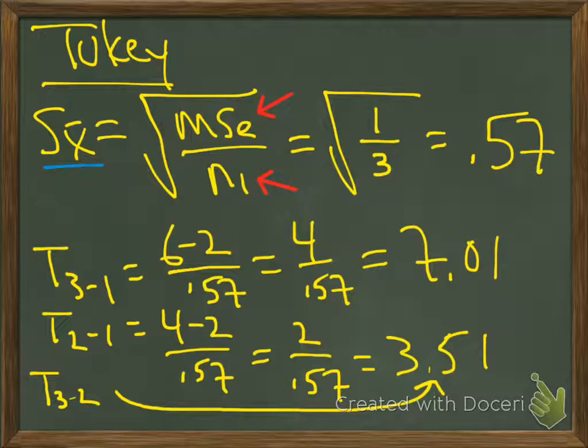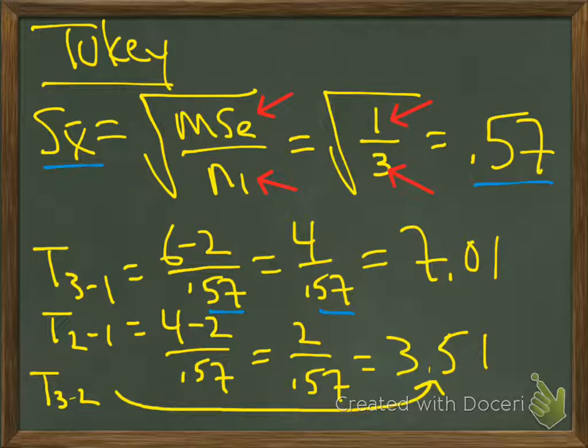So each of our groups had 3, so the N in this standard error formula is going to be 3. The MSE, the mean square error that we calculated before, was 1, and the square root of 1/3 is 0.57, and that goes into the denominator of our Tukey tests.